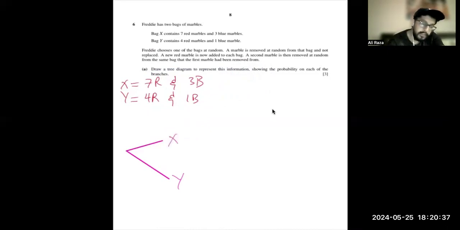So the probability for choosing either bag X or bag Y is random. So it's equal, 0.5.